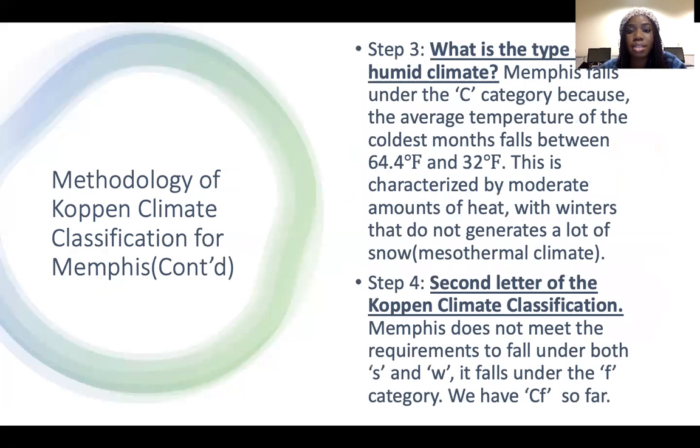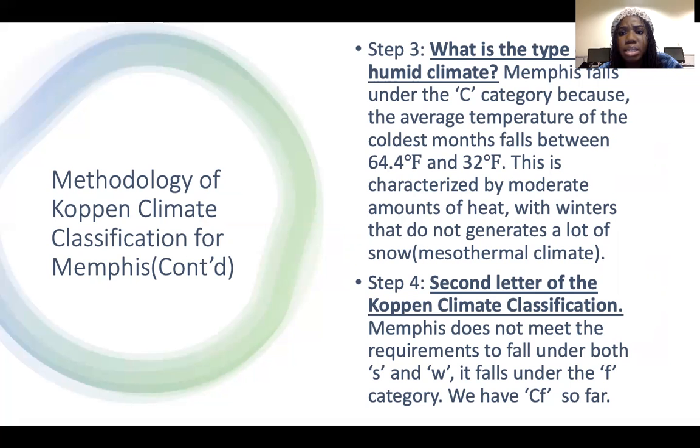The third step is what is the type of humid climate in Memphis. So we say that Memphis will fall under the C category because of the average temperature of the coldest month, which falls between 64.4 degrees Fahrenheit and 32 degrees Fahrenheit.